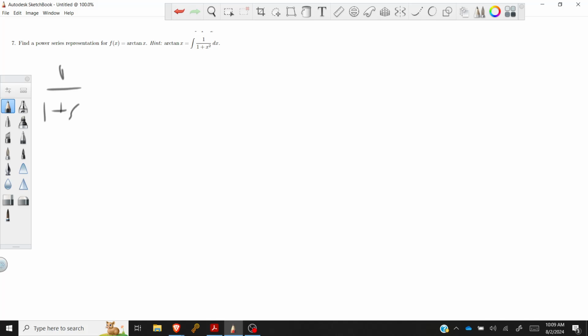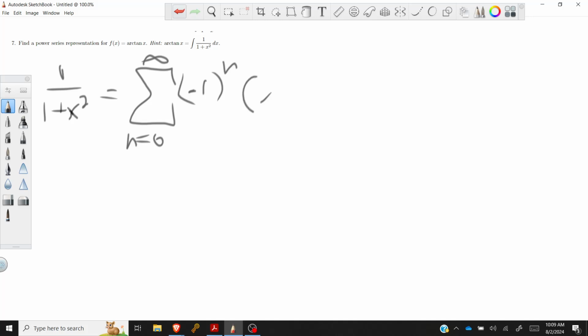So this is having us find the power series of arctan. So first I'm going to identify that the derivative of arctan is this, and that represented as a power series is going to be negative 1 to the n, x squared to the n. So I'm going to rewrite that as x to the 2n.